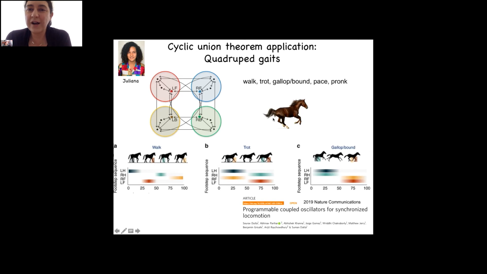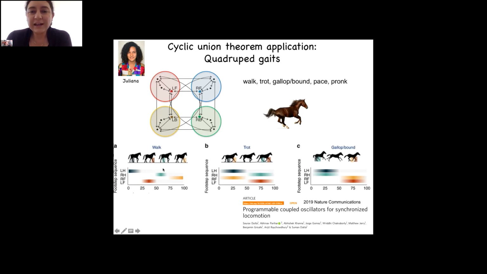It can walk, trot, gallop, pace. Pronk is actually not a gait that the horse does, but we threw it in for fun because we could also include it. The basic idea is you want to design a central pattern generator network that encodes multiple gaits.